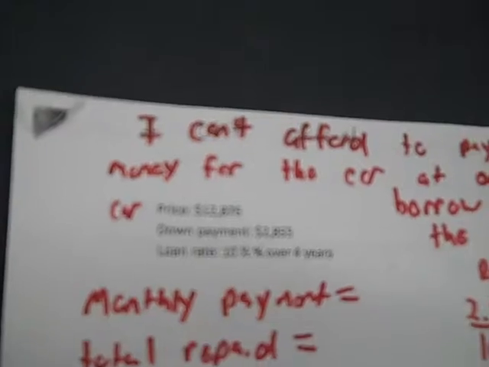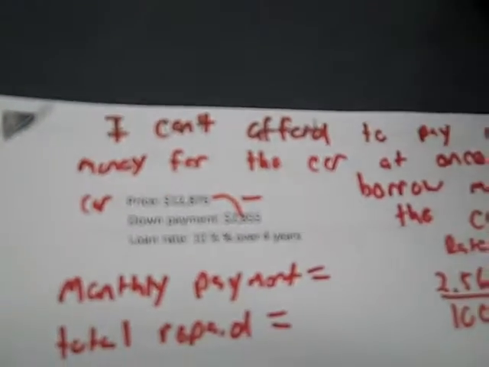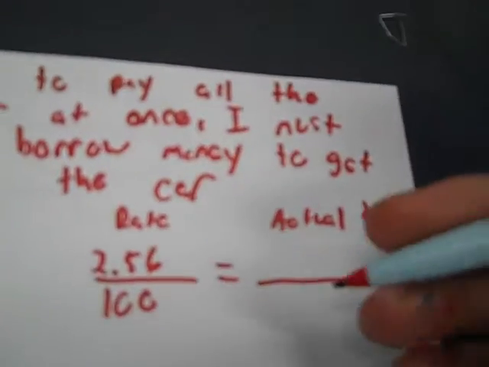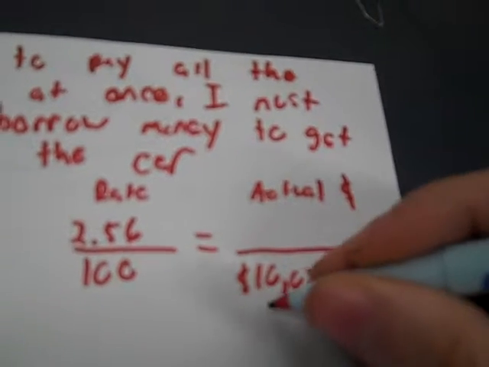To find the actual amount, what you need to do is subtract your down payment because you already paid that, okay? So I minus those two, okay? So I take $12,876 and subtract $2,855. That's $10,021. Okay, that's the actual amount I borrowed.